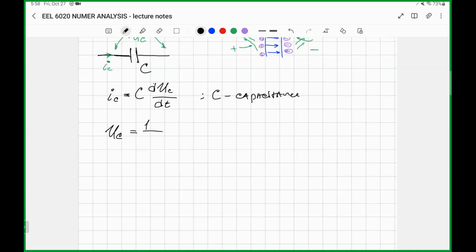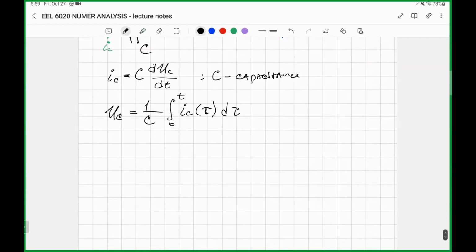It is going to be 1 over C, integrating both parts, the integral from 0 to t of I_C dt plus again some possible constant if the voltage wasn't 0 at the initial time moment.